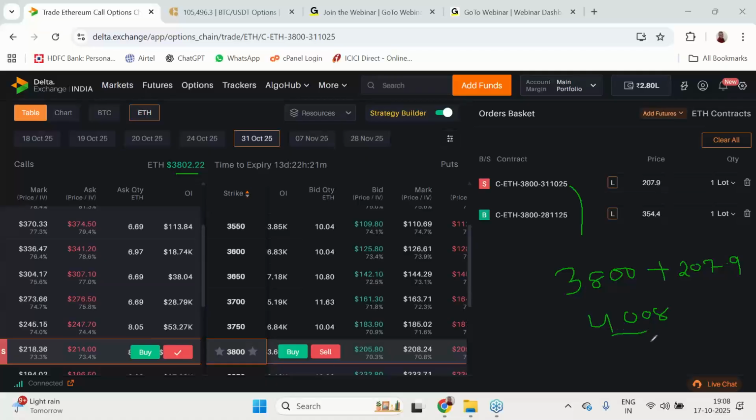We may gain $3 every day. That is the logic of this debit calendar.